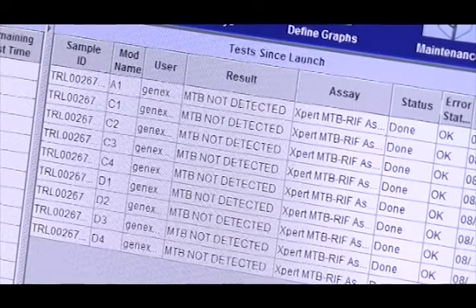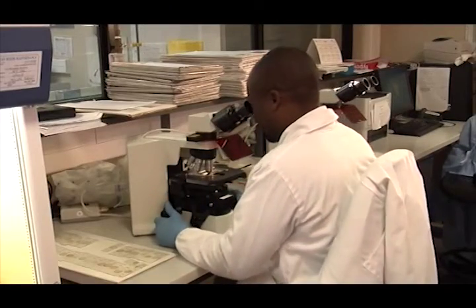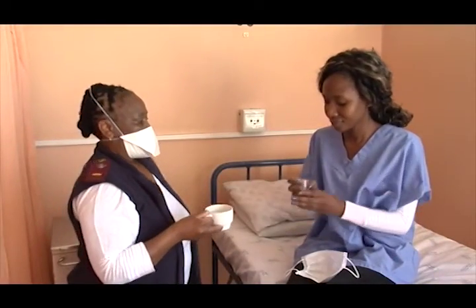Also, the time it takes between having the results and when the patient begins taking TB medications should be monitored. The earlier that results are known and the sooner patients start appropriate TB treatment, the less likely they are to spread TB to others.